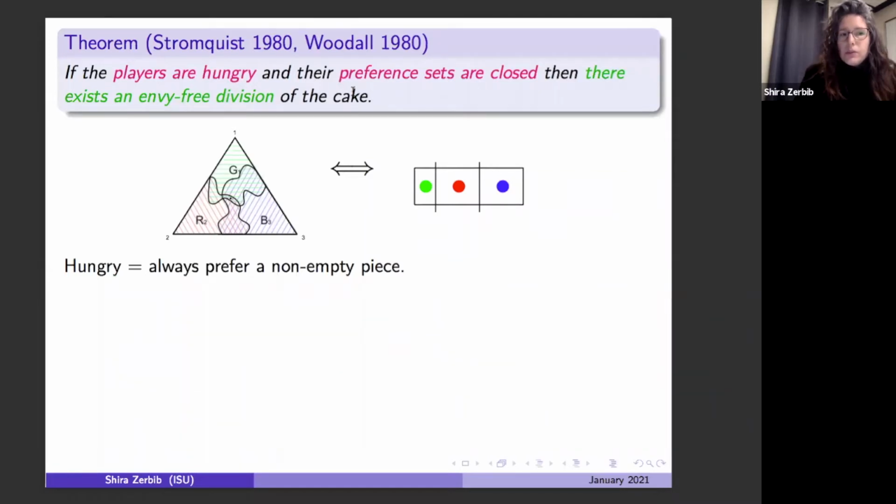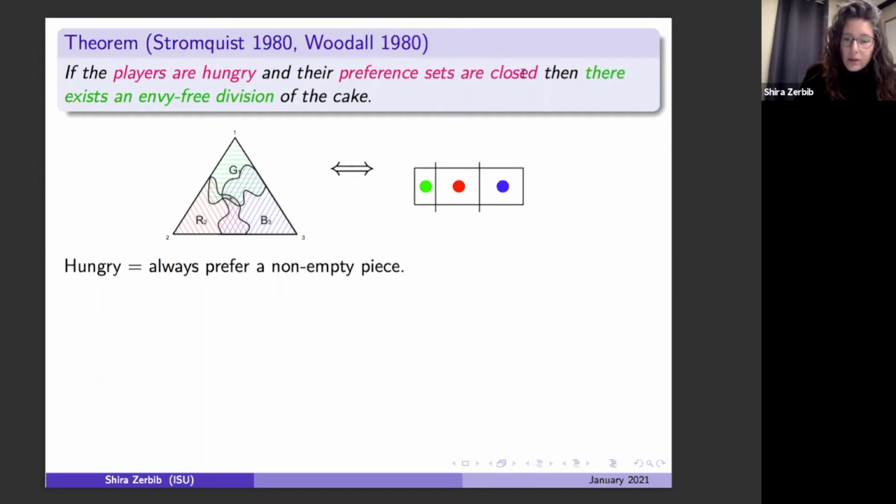A theorem of Stromquist and Woodall from 1980 tells us that such a partition always exists under 2 conditions. The conditions are that the players are hungry and their preference sets are closed.